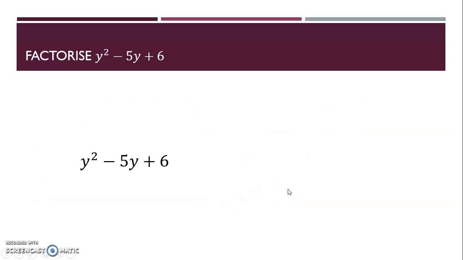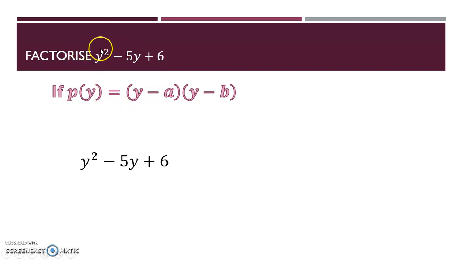Okay. So now let us look at factorizing a polynomial. Factorizing means we have to split it into individual factors. Since this is a quadratic polynomial, or a second degree polynomial, we can write it as y minus a into y minus b, where a and b are some numbers.